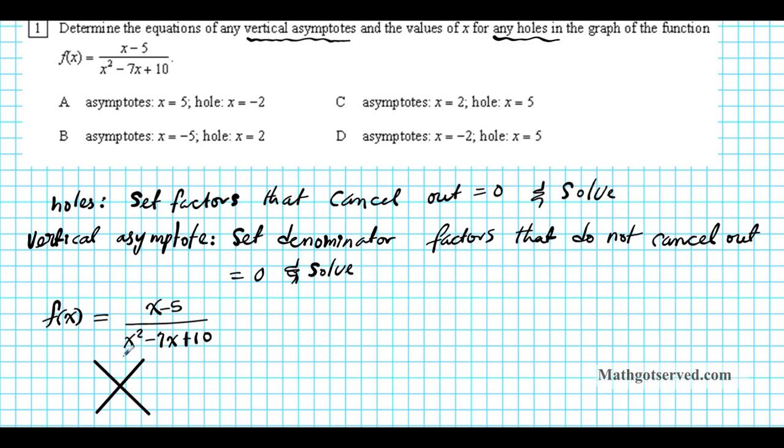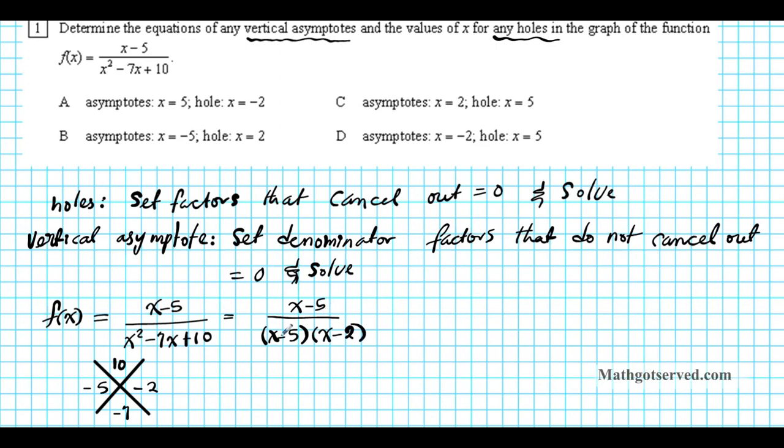AC is 10 and B is -7. Two numbers that work here are -5 and -2. We do not need to factor by grouping here because A is 1. Alright, so this is equal to x minus 5 divided by x minus 5 times x minus 2.